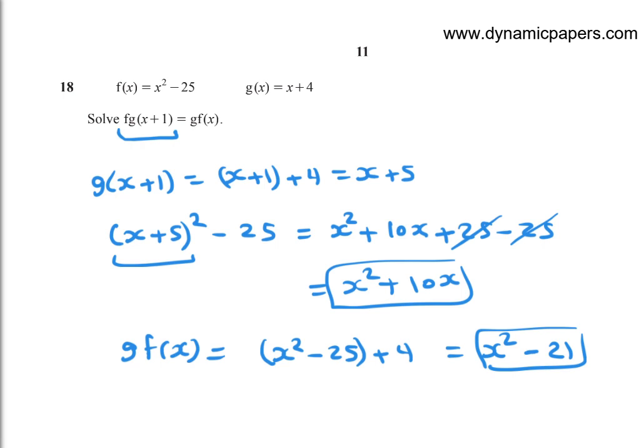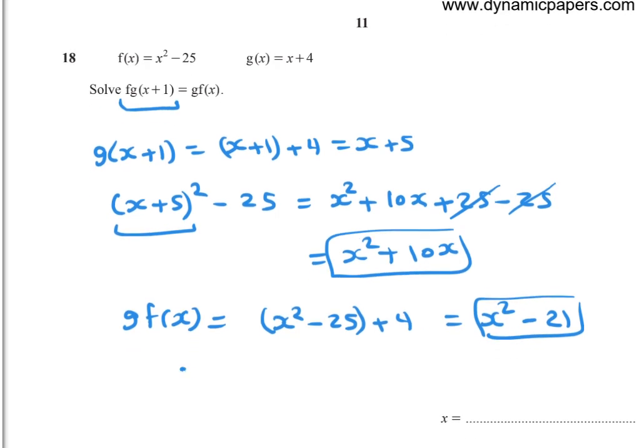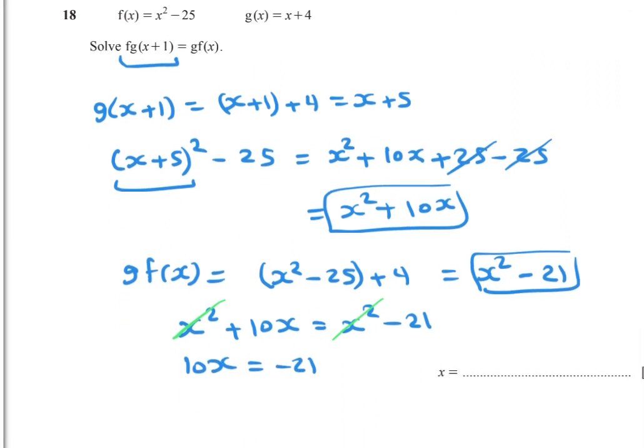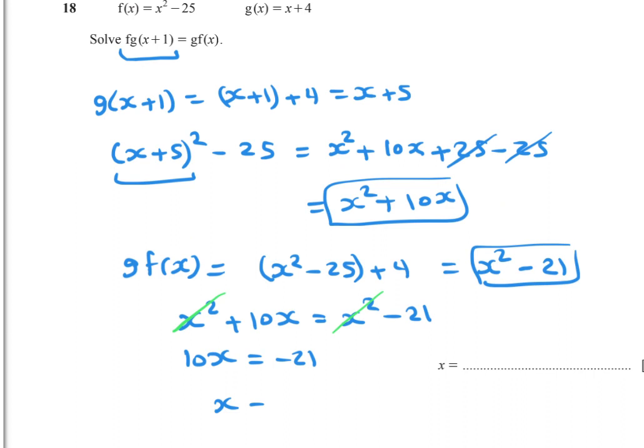Now equate them and solve the equation. So x squared plus 10x equals x squared minus 21. x squared cancels. So 10x is negative 21. Divide by 10, so x is negative 2.1.